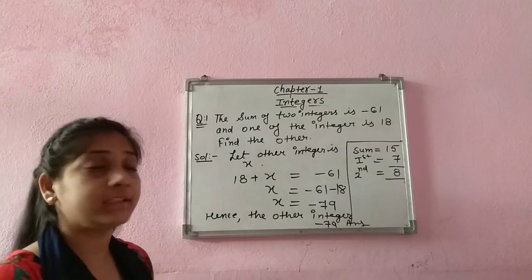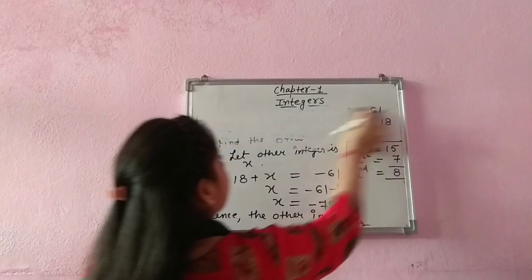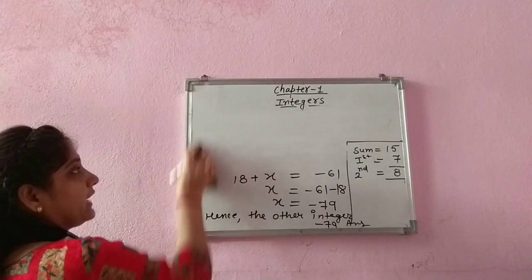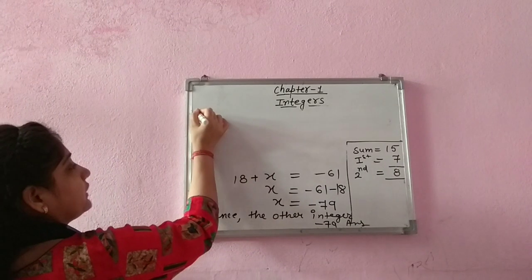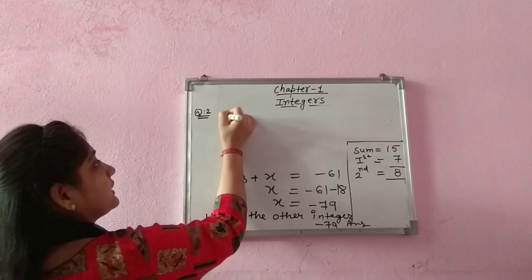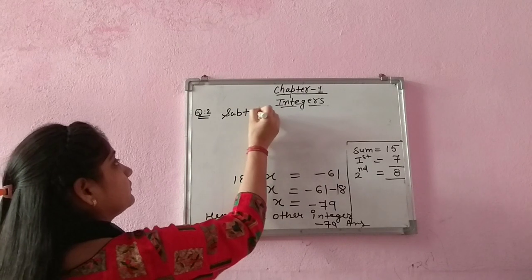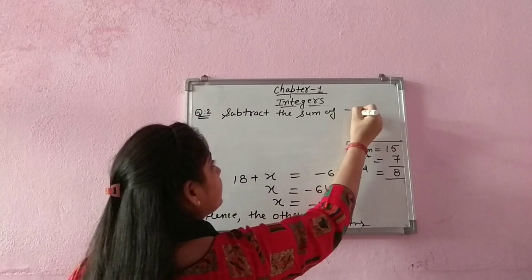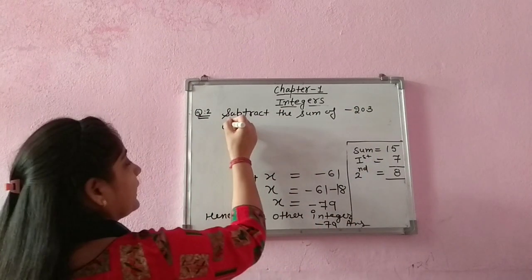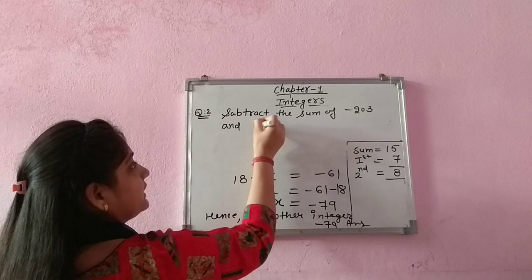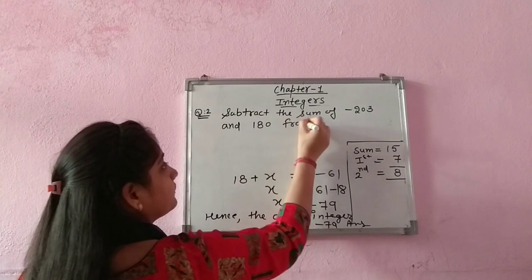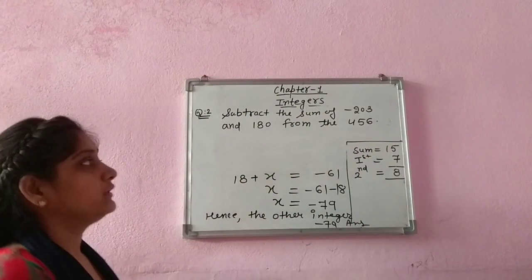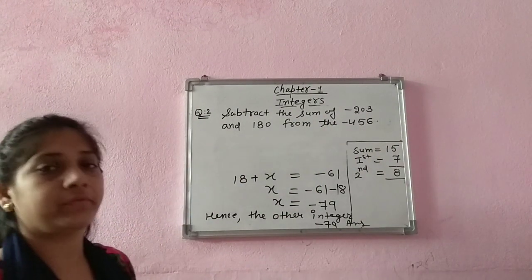So this is one of the types. Next, move on to another type. Here again, we use the addition and subtraction of integers as in the previous question. The question is like this: subtract the sum of -203 and 180 from -456.